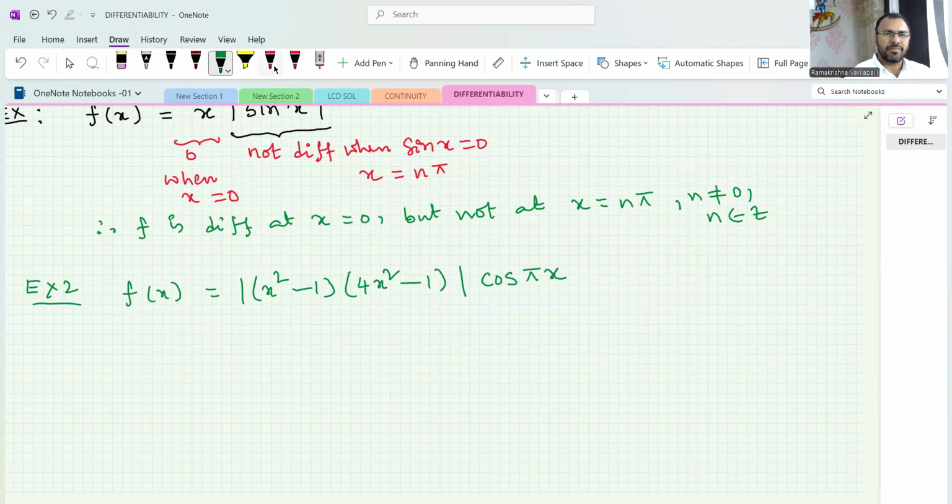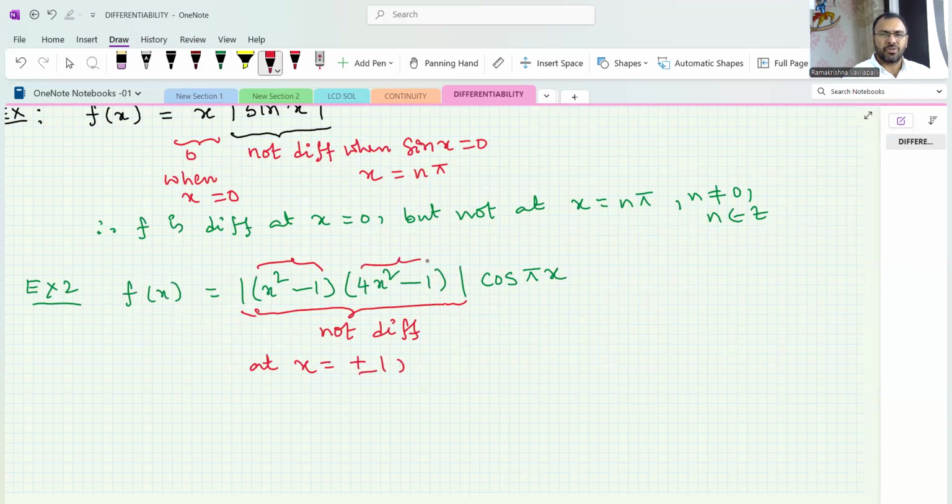You see, this function is not differentiable when x equal to plus or minus 1. When is the other factor 0? When x equal to plus or minus 1 by 2.